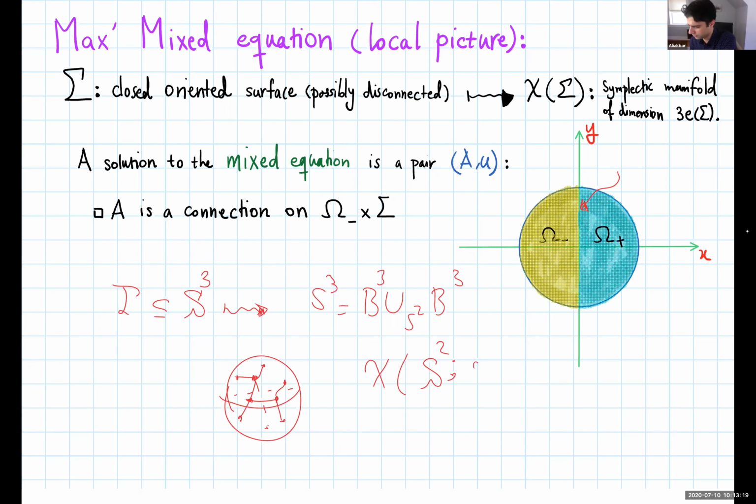Here it is that you have an odd number of punctures on your S2, and then gamma. You would look at webs with boundary, webs with boundaries on those punctures.